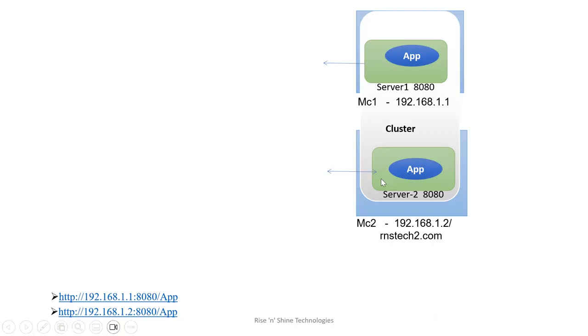So all these mechanisms should be handled. And the backend database: database-wise also, we require two or more instances, or we have a master and standby concept. A database is non-distributed; actually, it comes under non-distributed architecture.